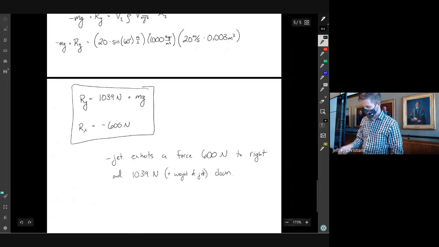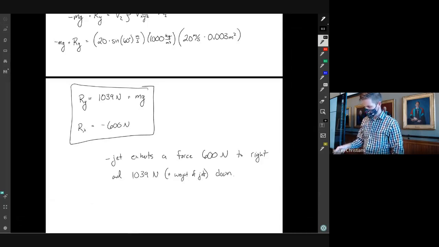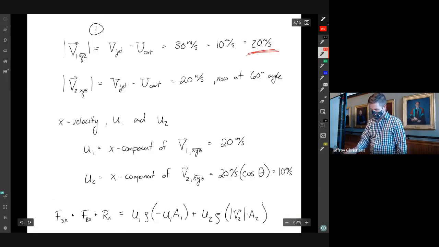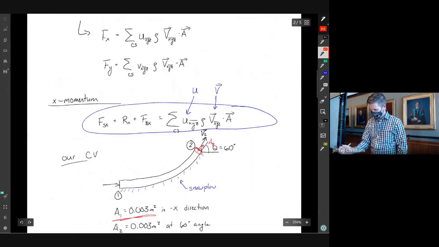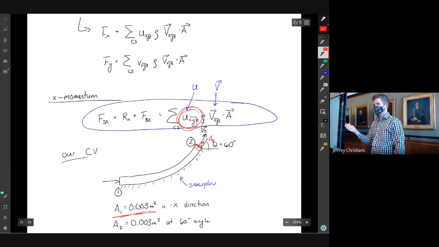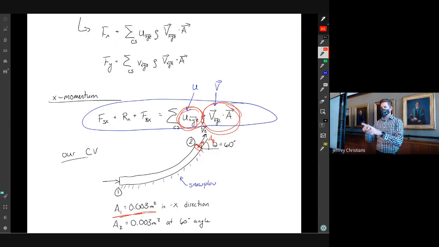And just the thing to remember as you're going through these, this first term here is the X component of the velocity. But this second grouping, you're looking at the velocity and the area together.